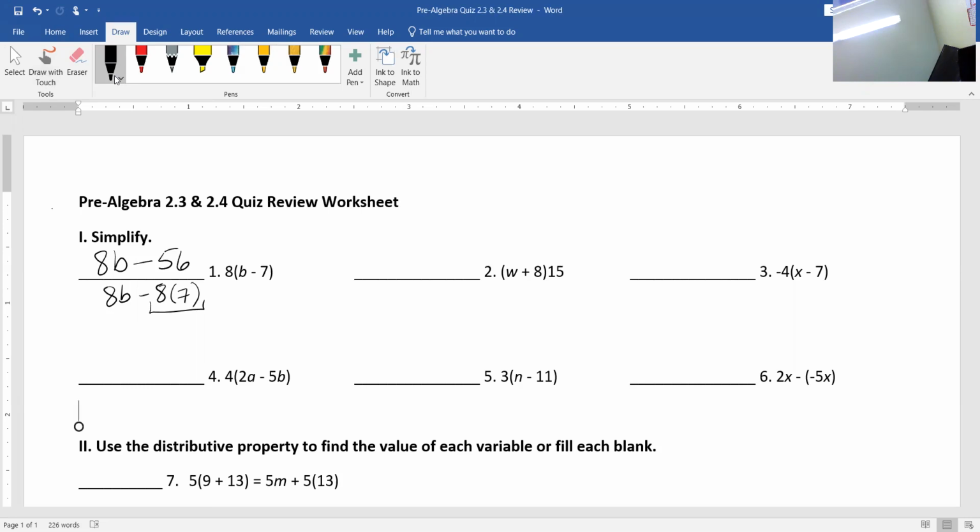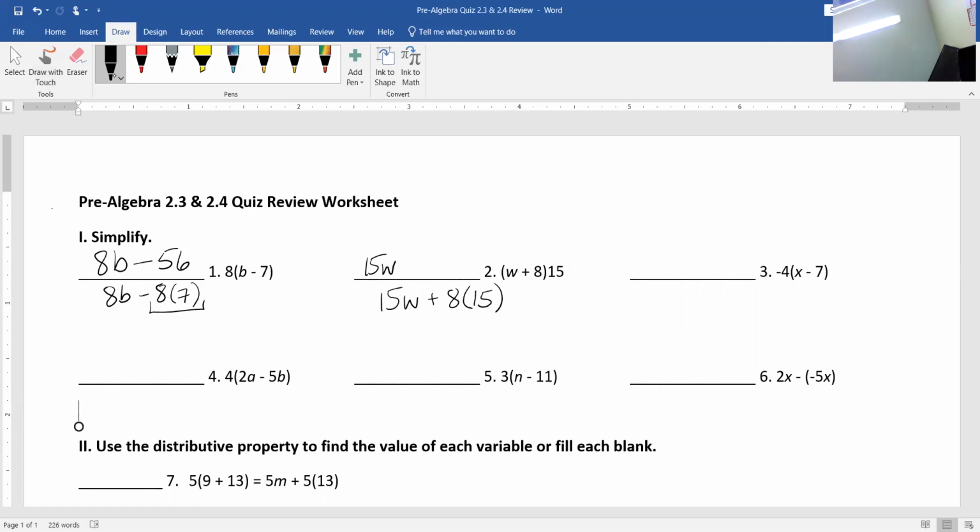Okay, number 2, we have w plus 8 times 15. So again, distribute your 15 in. So 15w plus 8 times 15. And so you have 15w, that's not going to simplify anymore.